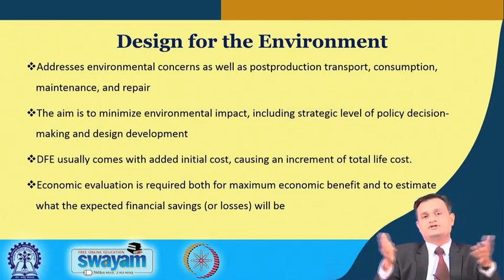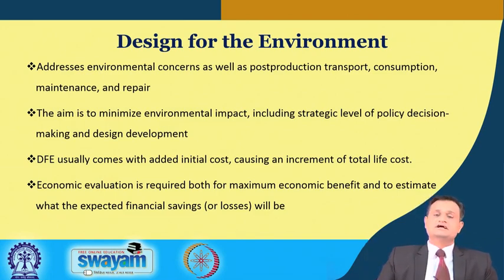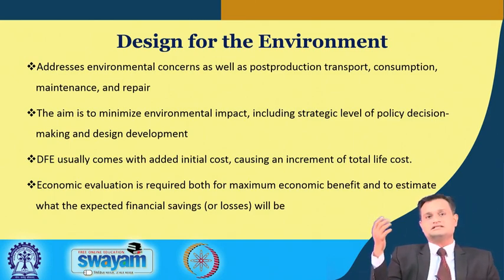So typically when we talk about sustainability, we talk about TBL sustainability, triple bottom line. One is environment, the other is economics, and the third is social. So we need to address these issues as a broader umbrella of environment right at the design stage.